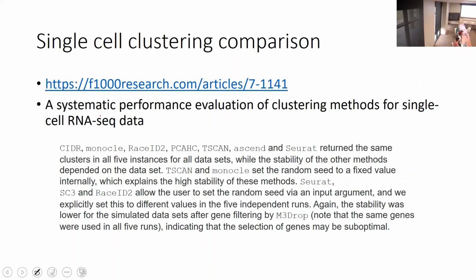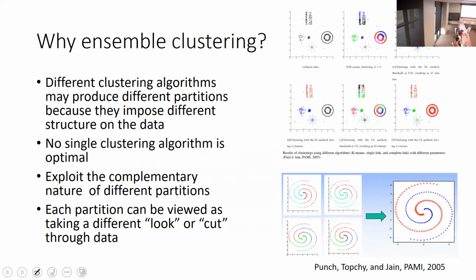And there are also research papers that compare and evaluate different algorithms when they are applied to single cell RNA-seq data, right? And as you can see, the parameters matter, and also the choice of algorithm matters.